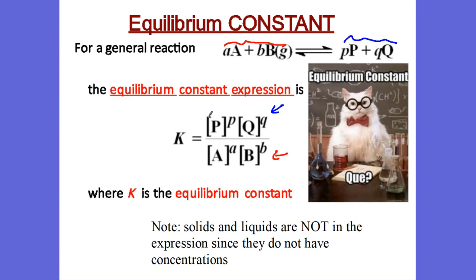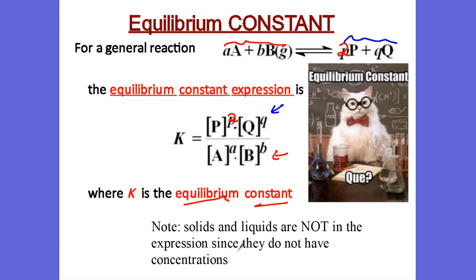You just put little brackets, and you put your products in the numerator. Remember, when they're being added, in my equilibrium expression they're being multiplied. And then any coefficients you have, like let's say this is 2 of these, it is going to be squared, so that will be an exponent, and that is called the equilibrium constant.